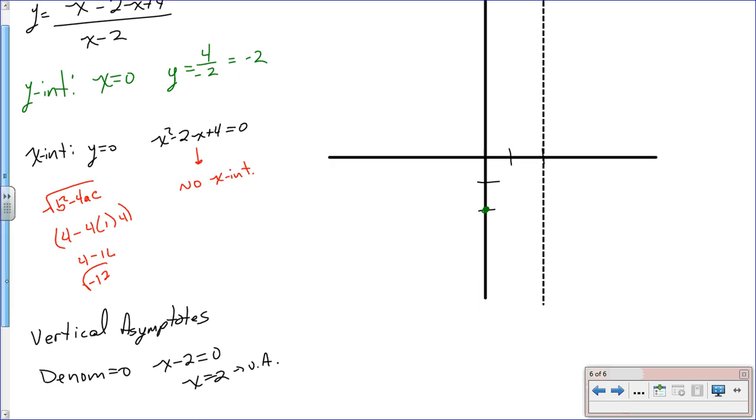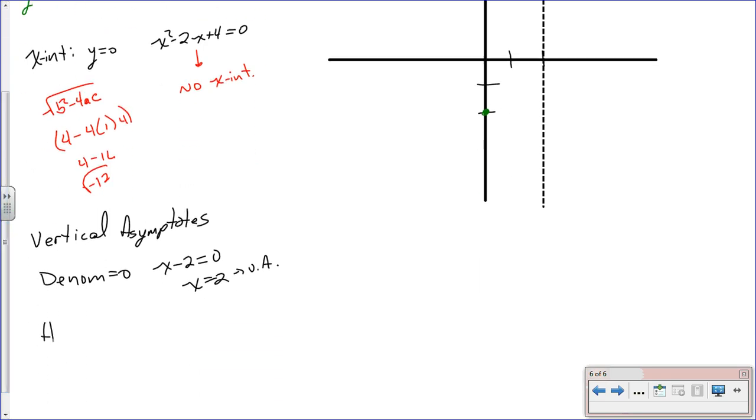Now let's find the horizontal asymptote. How do you find a horizontal asymptote? You compare the powers. The degree of the top is 2. The degree of the bottom is 1.